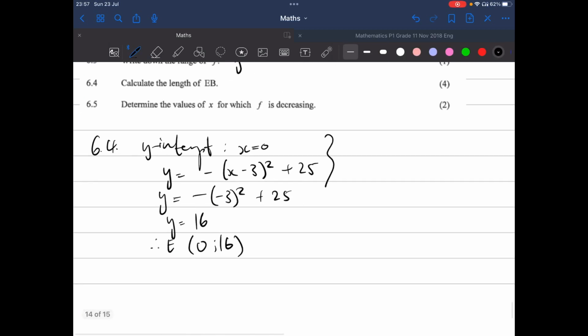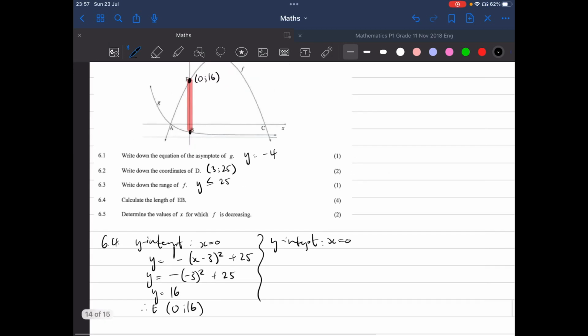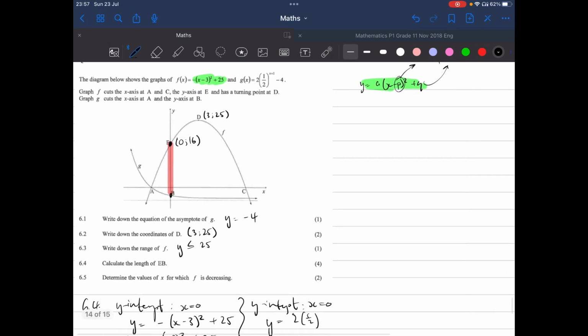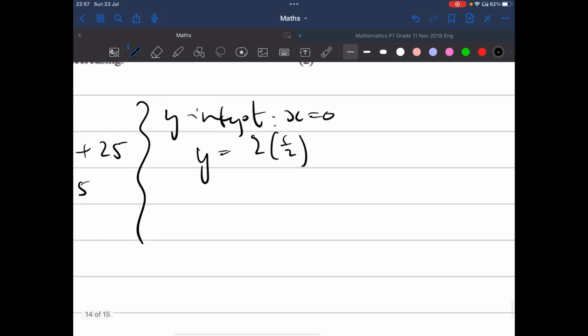Okay, let's now find the y-intercept of the exponential. So y is equal to 2 times 1/2 to the power x plus 1, minus 4. Now in place of x, I'm going to put 0.